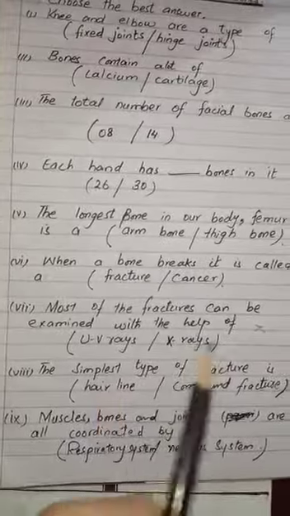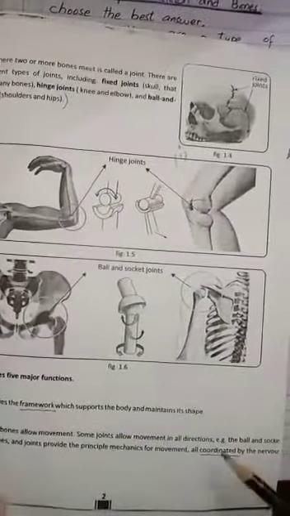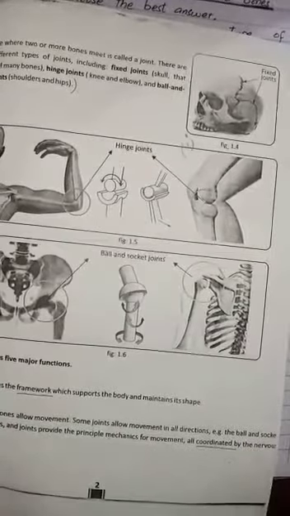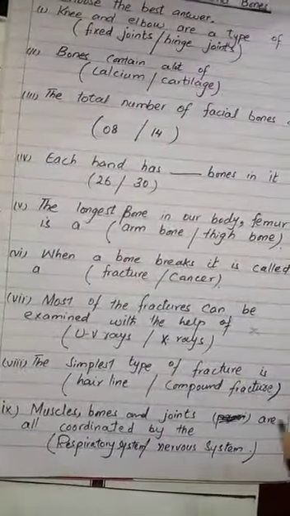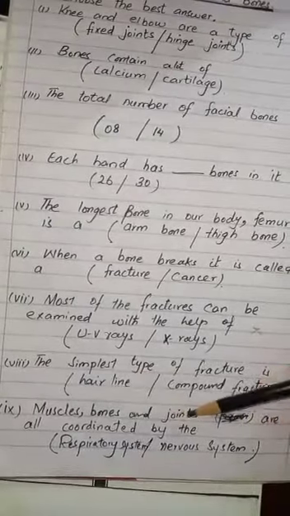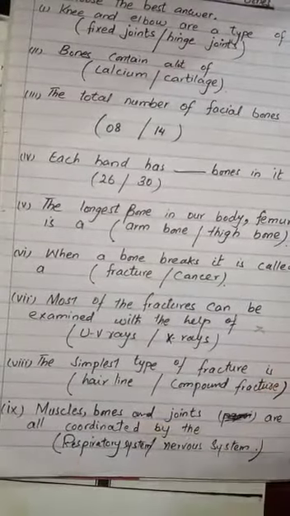This thing I was telling you since grade 4th. You can find its answer from the movement portion. Muscles, bones and joints are all coordinated by the respiratory system or by the nervous system.